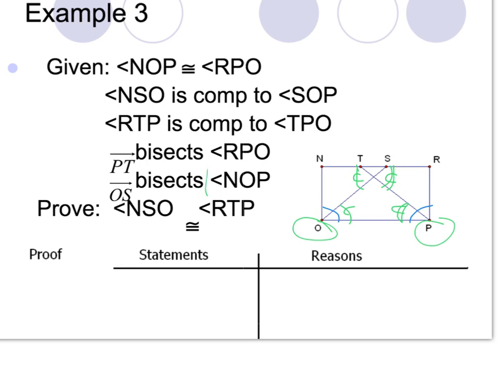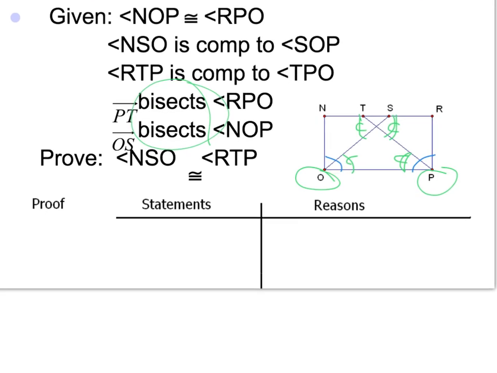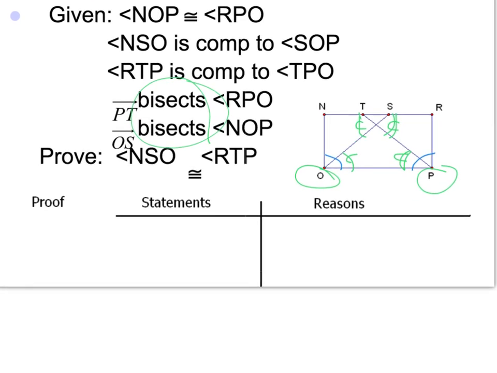All right, so if I saw bisect, I'm thinking multiplication or division, right? Alrighty, let's see if we can organize our thoughts and put something together in order to get NSO congruent to RTP. Well, I see that those two angles have a little complementary relationship going on here, right?